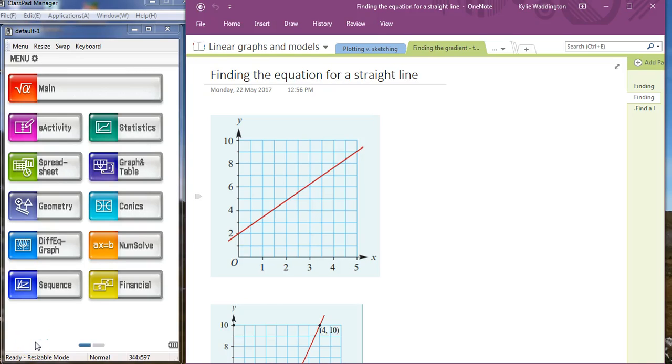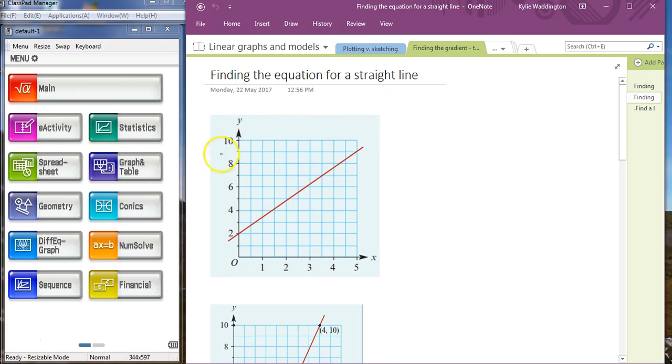Okay, there are three methods that we can use to find the equation for a straight line. The one I want you to be most confident with, just as a backup, is the calculator method. For the calculator method and for the 2-point method, you need to find two different points on the straight line.